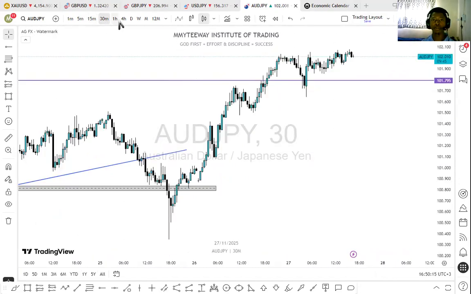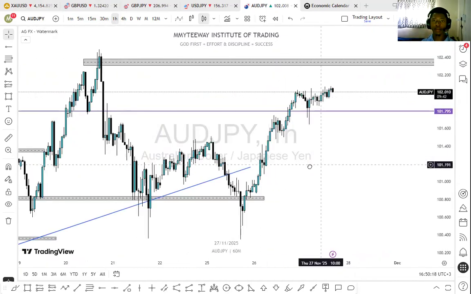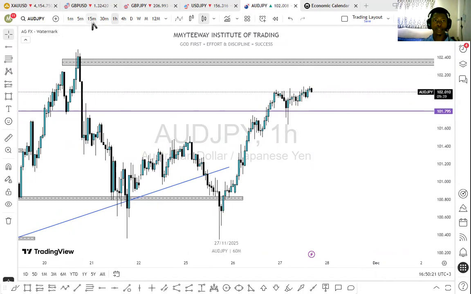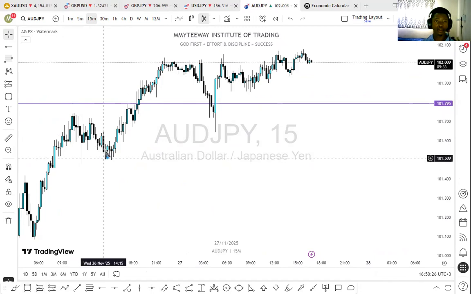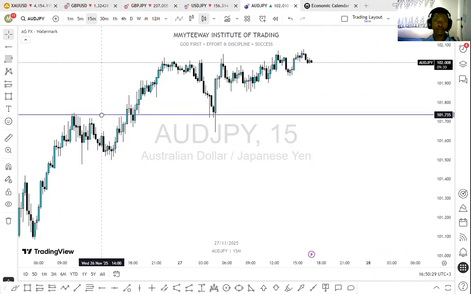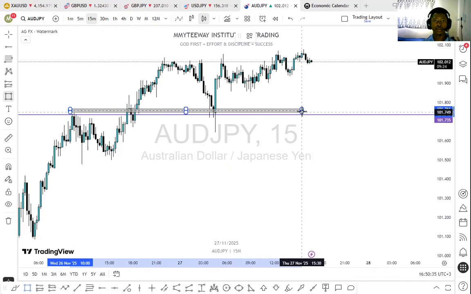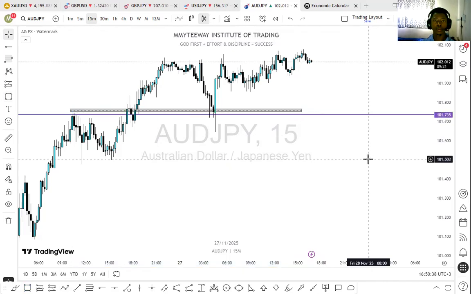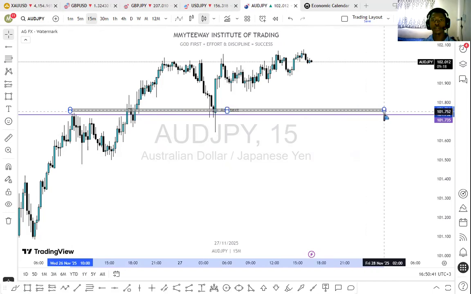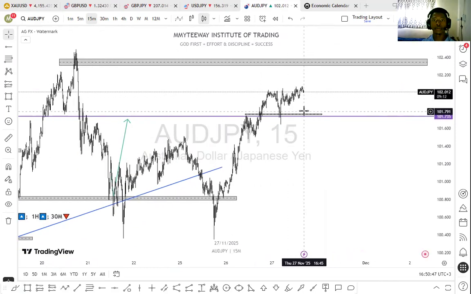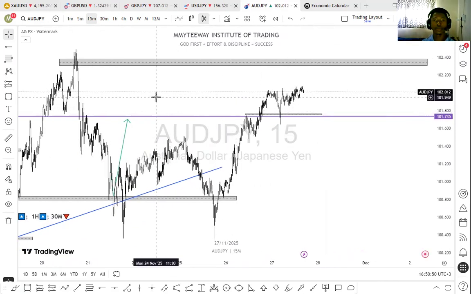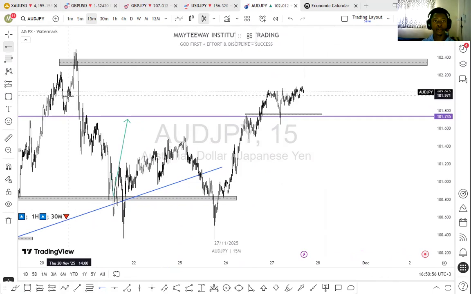But because of the momentum of this graph, in terms of entry, we are looking for the graph to come around this area for us to execute our trades, or we are looking for it to come around this price.